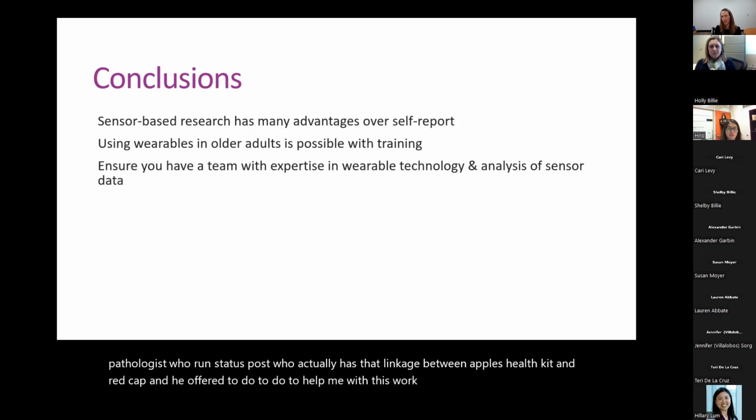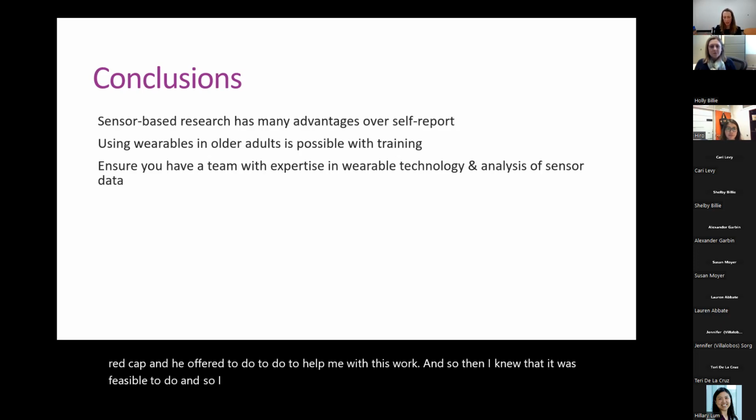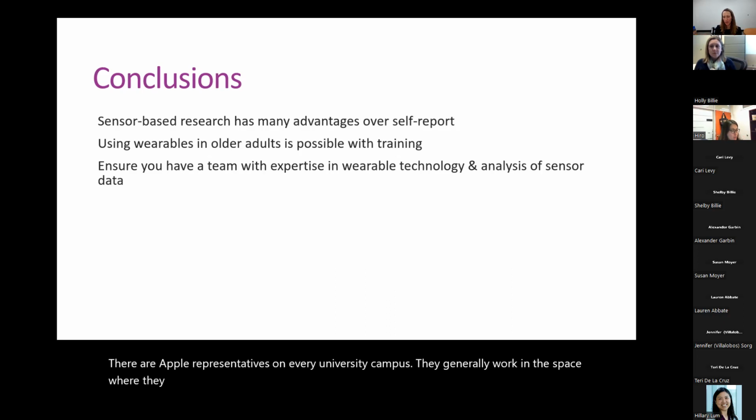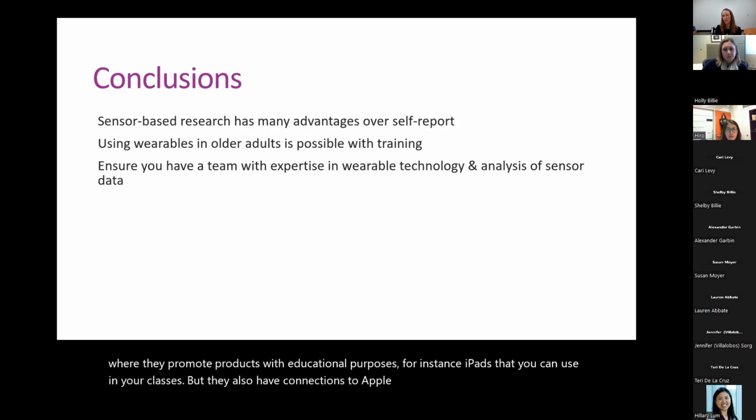Then I knew that it was feasible to do. I would also recommend to anyone who wants to do this work: there are Apple representatives on every university campus. They generally work in the space where they promote products for educational purposes, for instance iPads that you can use in your classes, but they also have connections to Apple corporate.